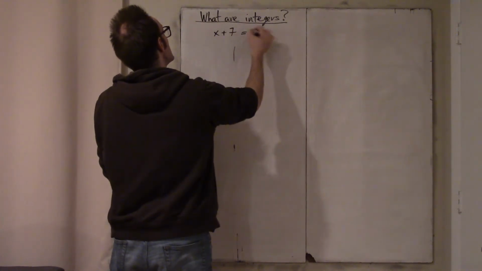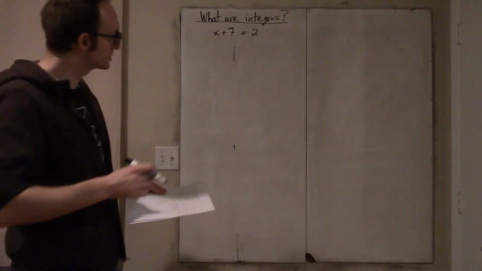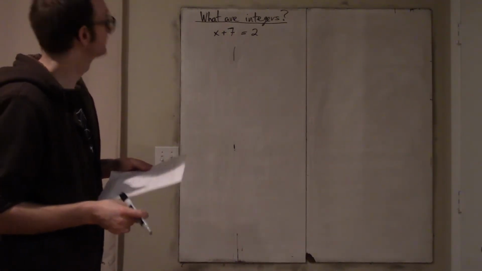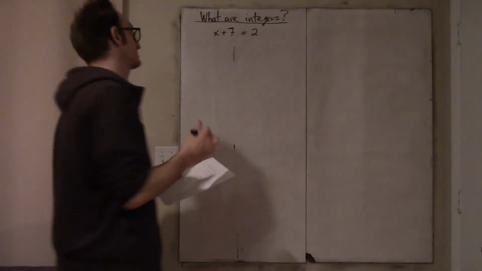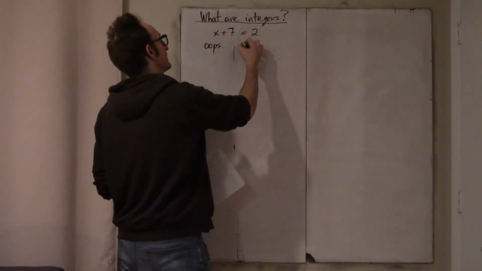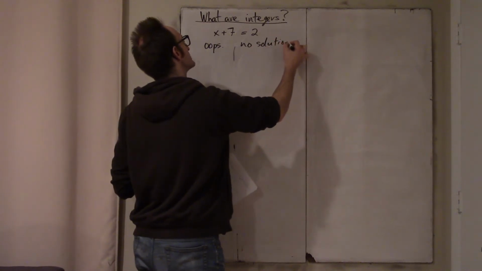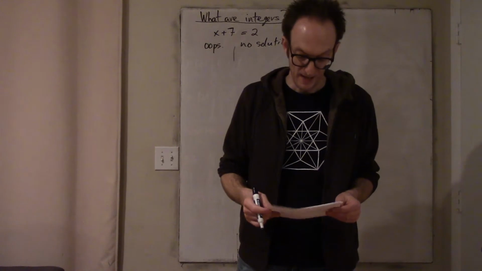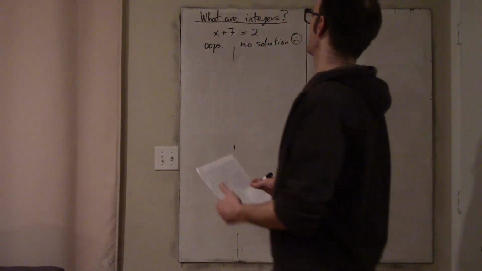Well, it's when you're solving equations, maybe like this: x plus 7 equals 2, and you can't think of a number which solves this equation. So you say, oops, there's no solution. But if you're stubborn and you want there to be a solution, then you invent something which is supposed to represent this solution.